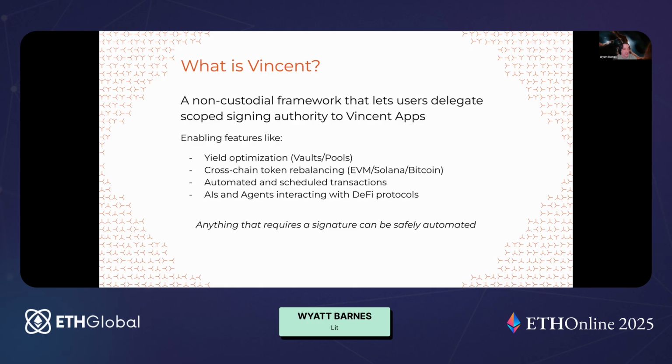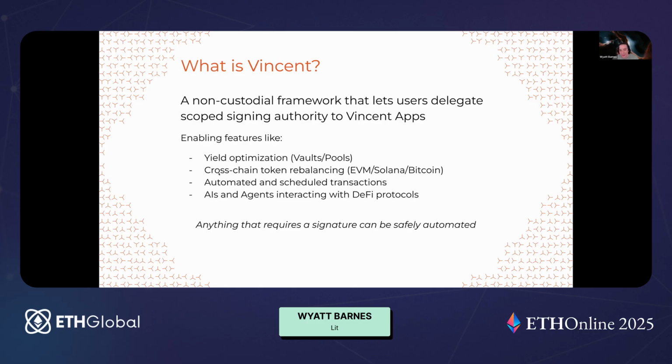And again, once you revoke the delegation on chain, those abilities are no longer executable by the Vincent app on your behalf. And these Vincent apps can do things like yield optimization. We'll dive a little bit more into that later, but that's across chains, that's across protocols. It can basically interact with any protocol that the Vincent app has integrated.